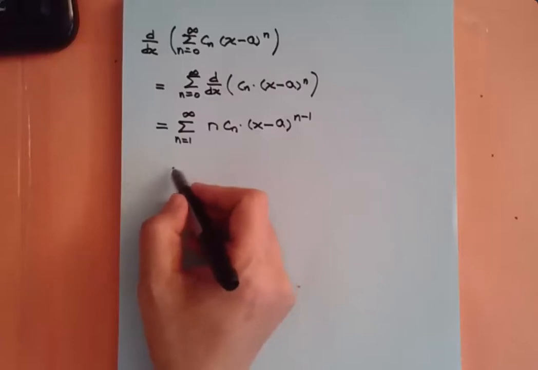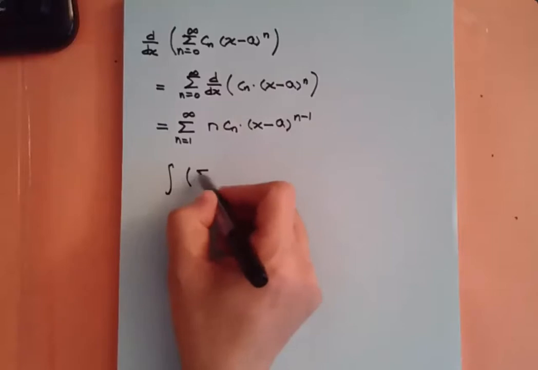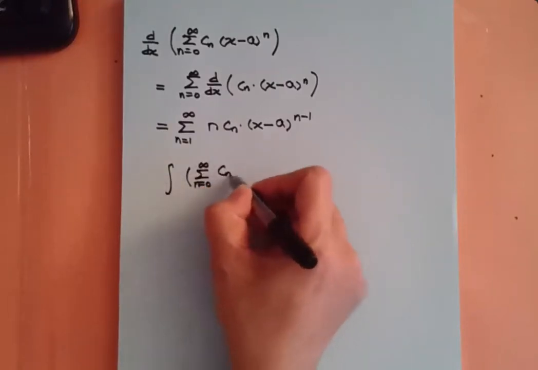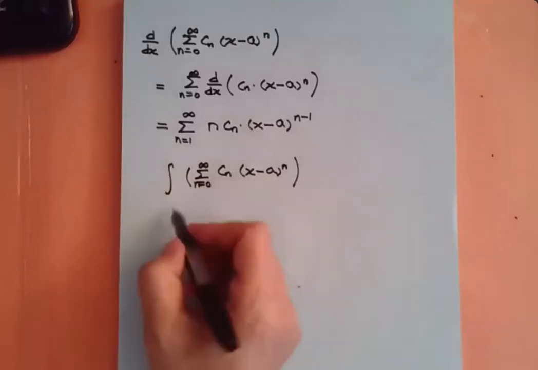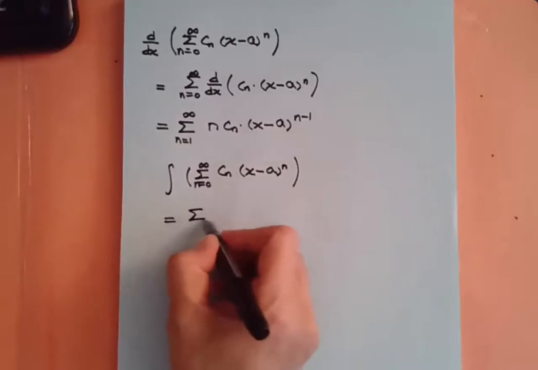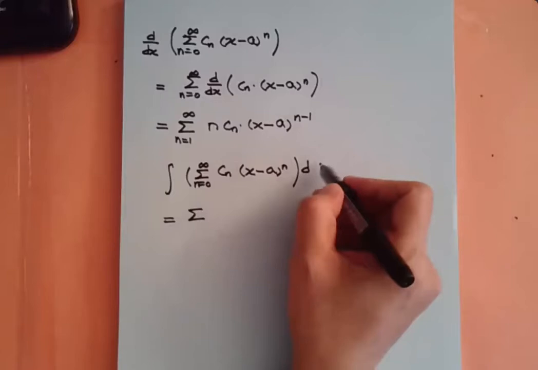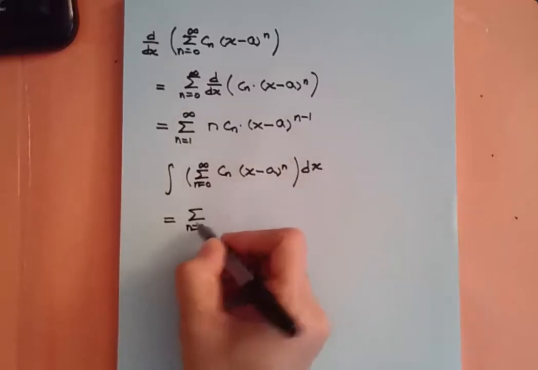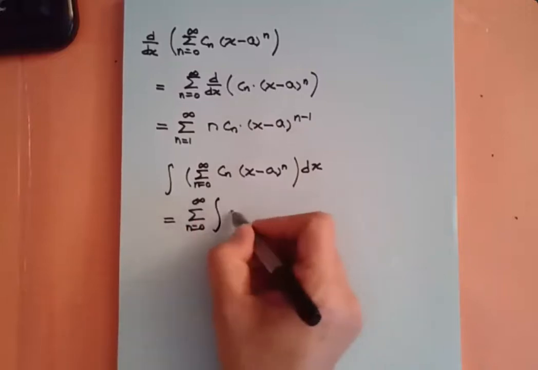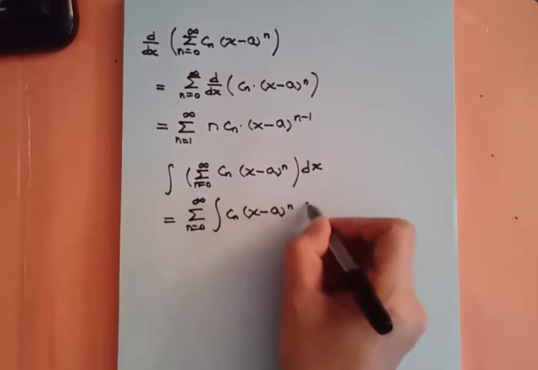The same thing is true when we think about the integration. When the series converges, integration of that power series will be the term by term integration. So the integration of the summation of Cn times (x minus a) to the n power can be written as the sum from n equals 0 to infinity of the integral of Cn times (x minus a) to the n power dx.